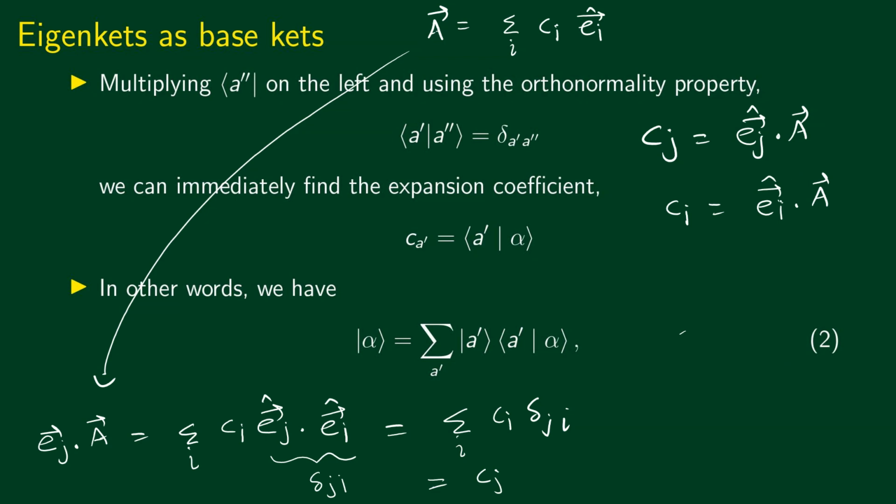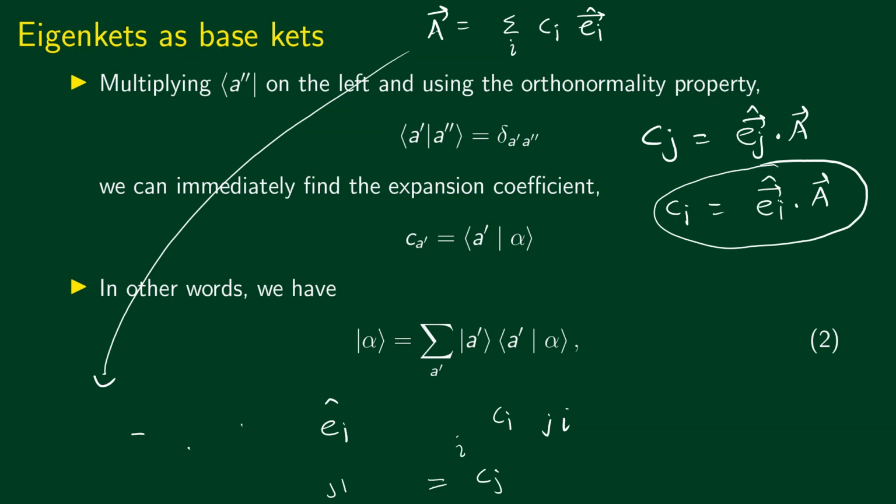Now these things we are familiar with. We can do the same thing in the case of the ket space or the complex vector space also. So let's do that next. So maybe I'll do one more thing. We can write this A vector now. Before going to complex vector space, let's finish this Euclidean vector space. This means that A vector can be written as sum over i of Ci Ei hat. What is Ci? Ci can be written as Ei hat dot A vector.